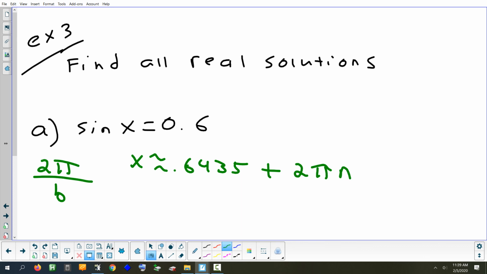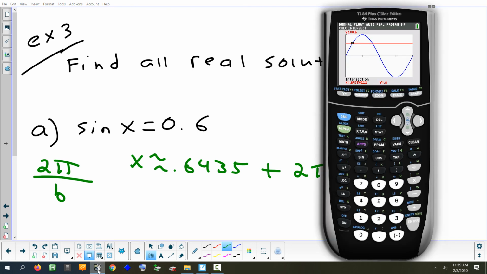now you need the other answer. Well, to get the other answer algebraically, you would have to do pi minus 0.6435. I'm going to explain more about how I know that later, not today. This is why I didn't do it algebraically, because you don't know that yet. But the other answer is going to be 2.498.